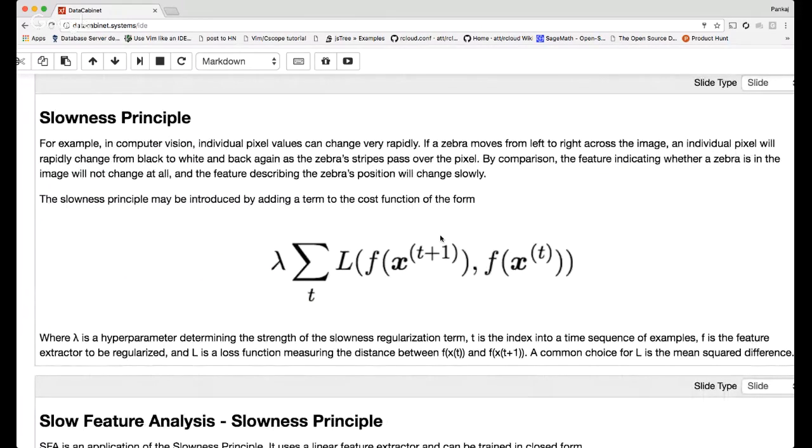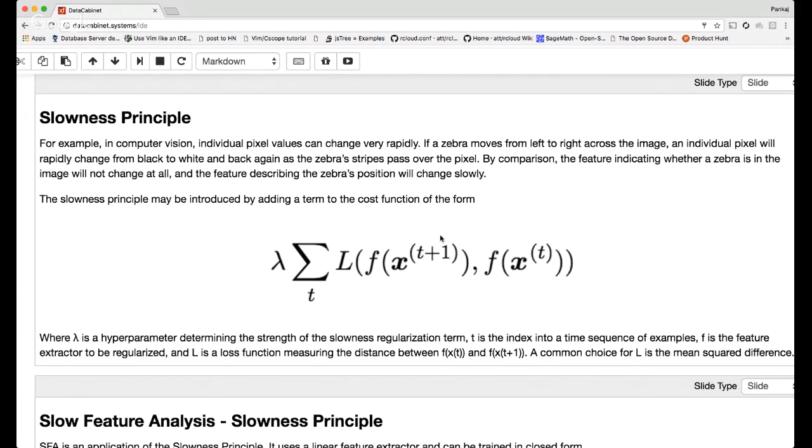The next method that the book mentions is slow feature analysis. Slow feature analysis builds on a principle, the slowness principle, which the book explains with a video example.